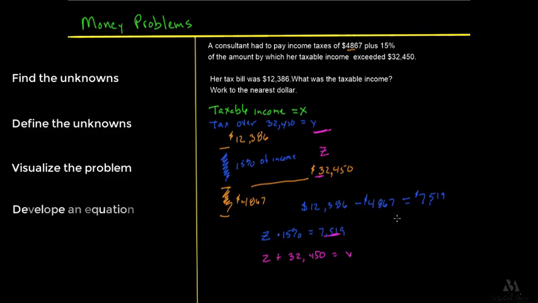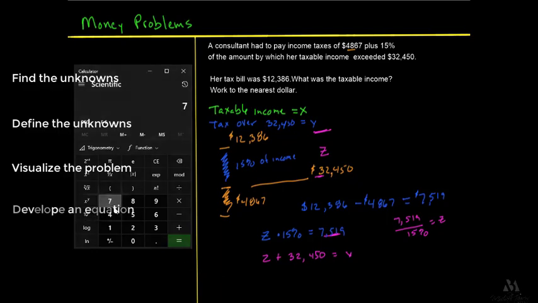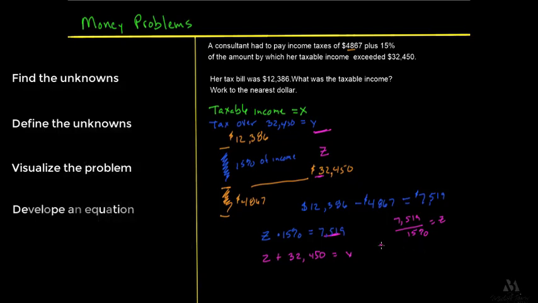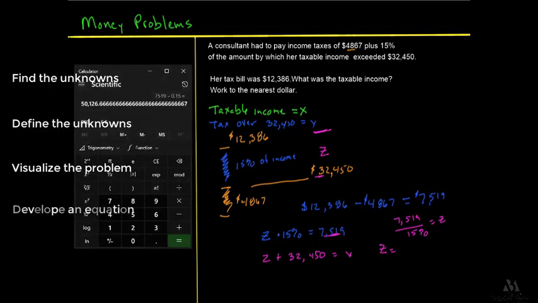And so if we took that number and divided it by 15%, we ought to get Z. So $7,519 divided by 0.15 gives us $50,126, and we'll round up to $50,127.